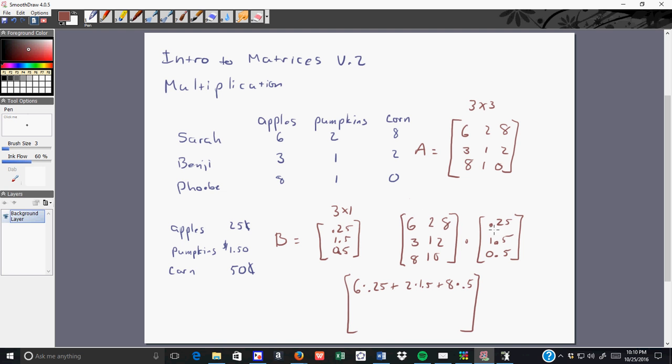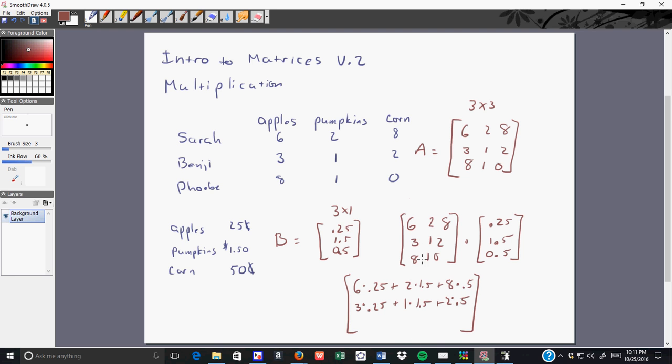And so I did my row with the column. And I'm going to do that again. I'm going to say 3 times 0.25 plus 1 times 1.5 plus 2 times 0.5.